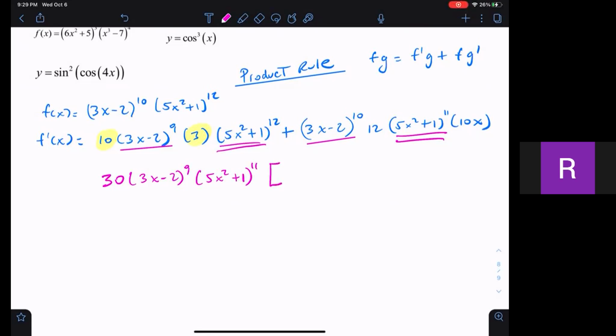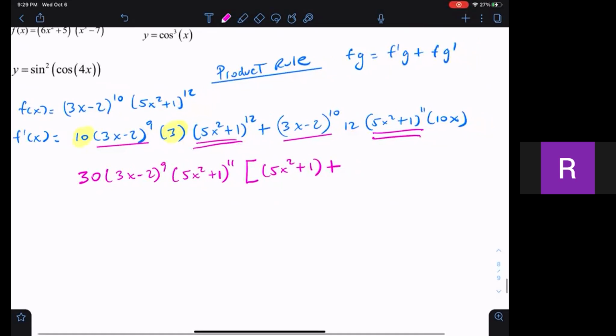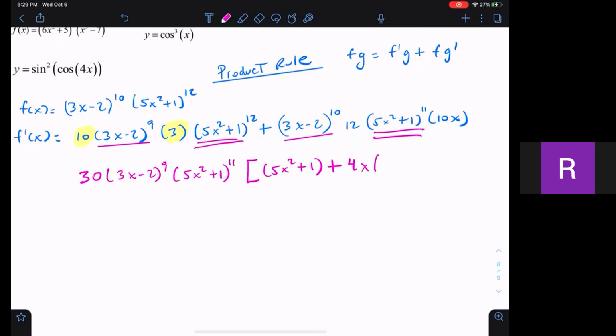Okay. So here you will have, okay, let me see. So you just have, for the first term, 5x squared plus 1, right? And then for the second term, well, we have 120 here, right? So 120 should be 4 here, 4x times (3x minus 2) to the first power.